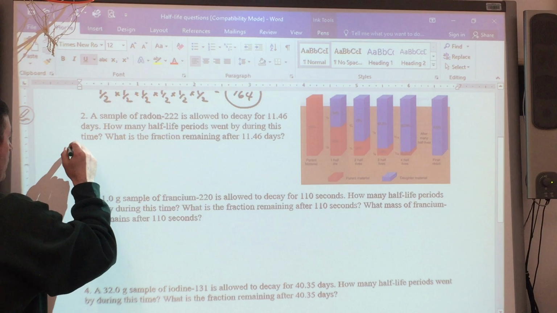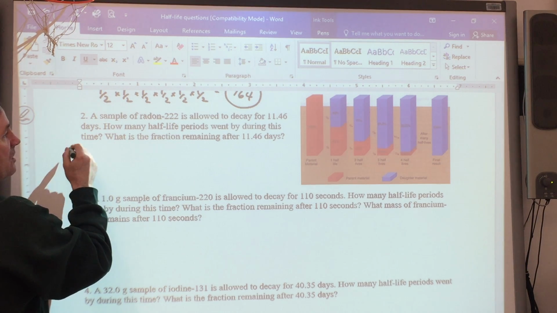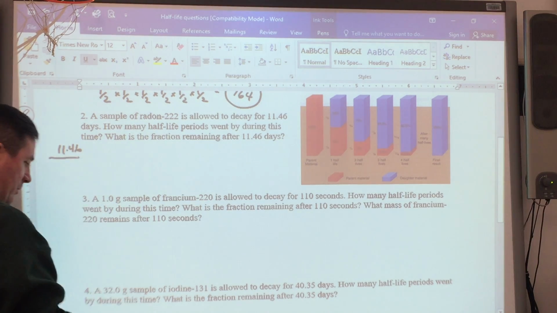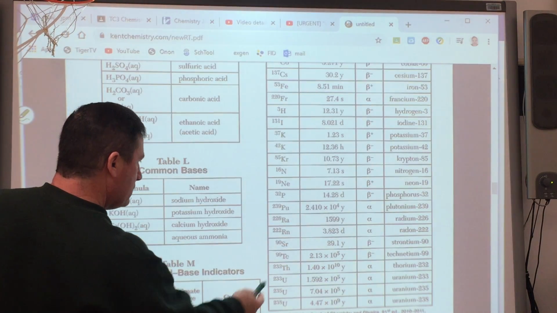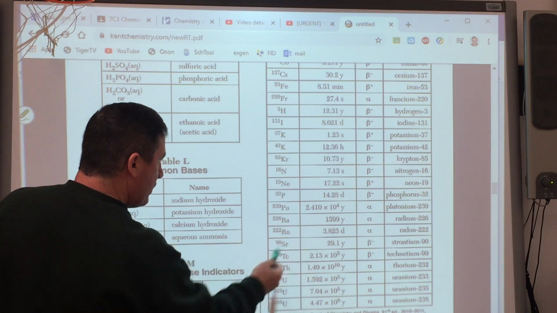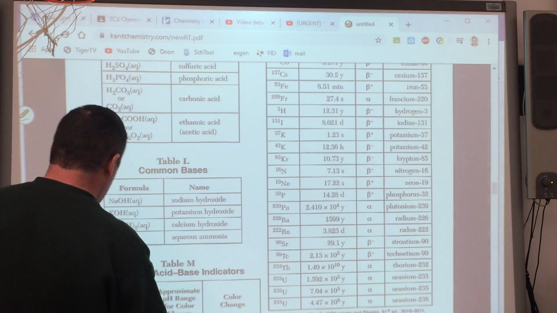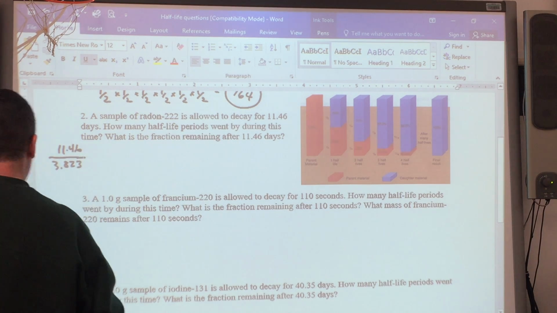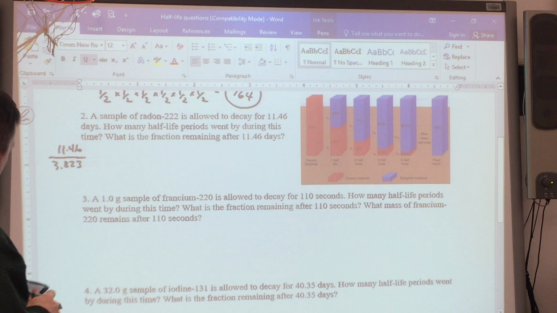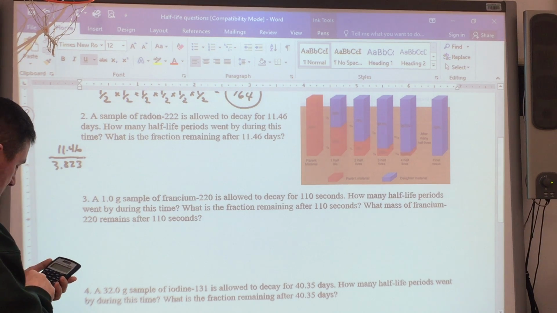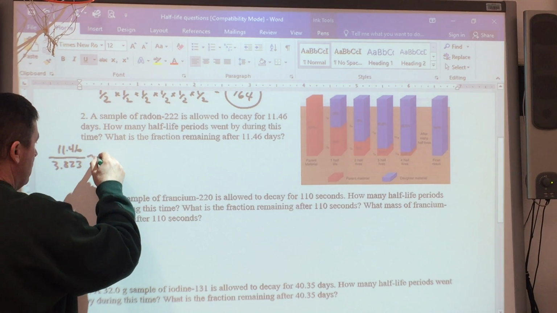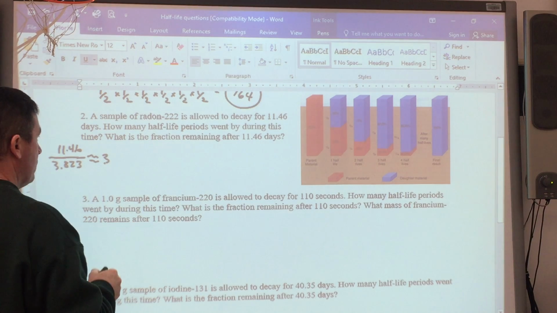So it's 11.46 over 3.823. What does that come out to be? That's going to be 3, pretty close. So that's essentially 3 half-lives.